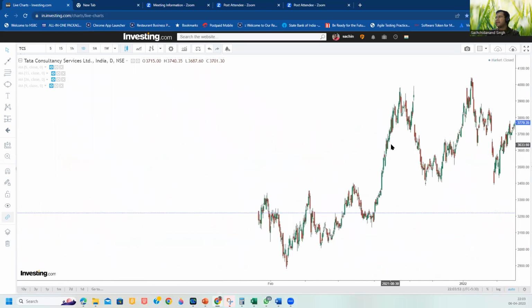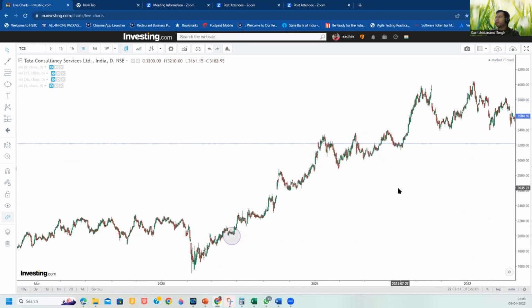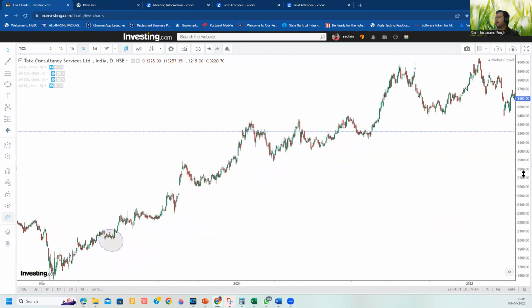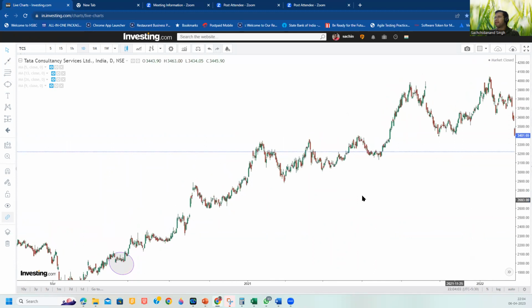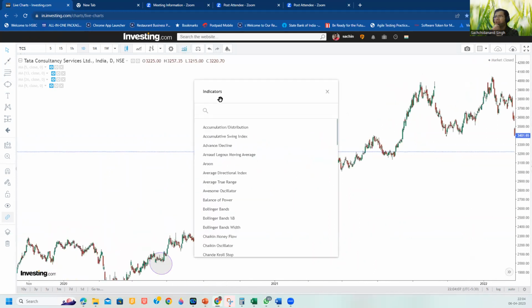Let us first look at the bull market, when it is performing in an uptrend. I need to go to the same indicator dropdown, and for moving average we type MA. For exponential moving average, you can just type EMA.